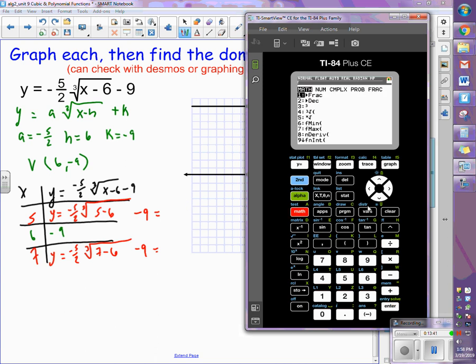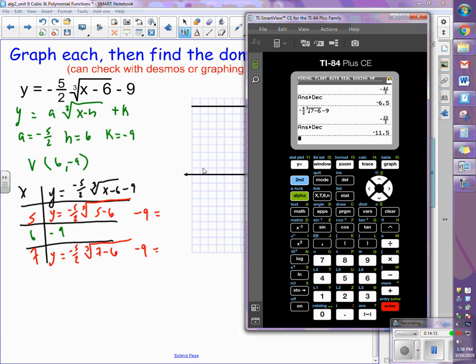As a decimal, since we are graphing, -6.5. And then I'm going to copy that problem and just change it to a 7. And then change it to a decimal. -11.5.